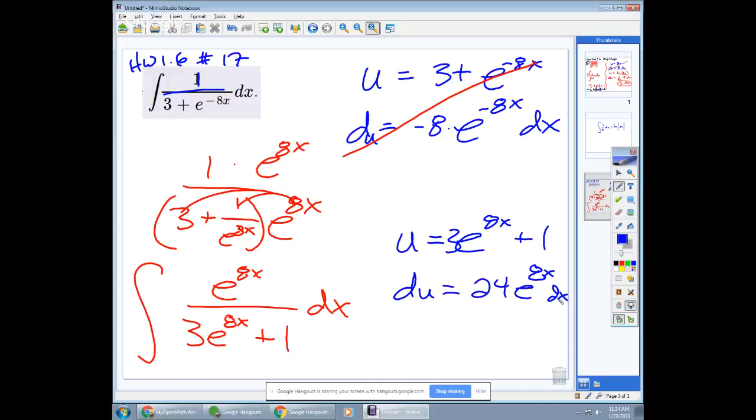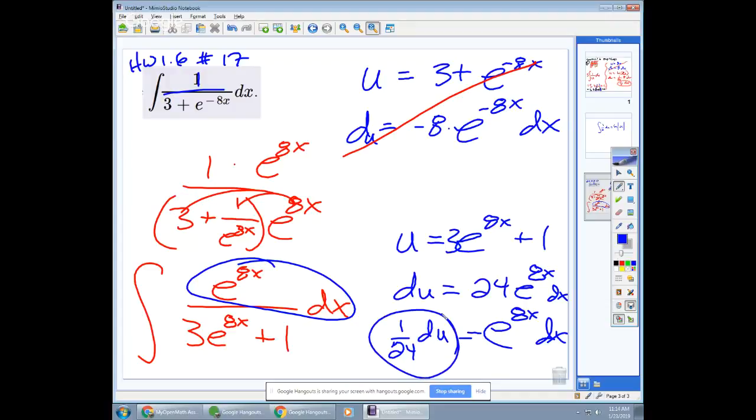Okay, so I have everything but the 24. You could multiply it by 1/24th. So I'm just going to rewrite this and say that e to the 8x dx is 1/24th du. So I'm going to replace this with that.